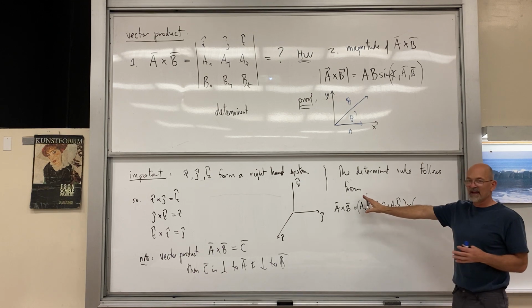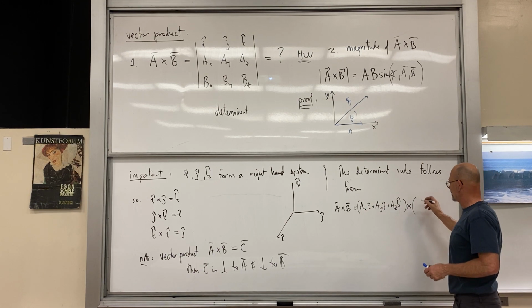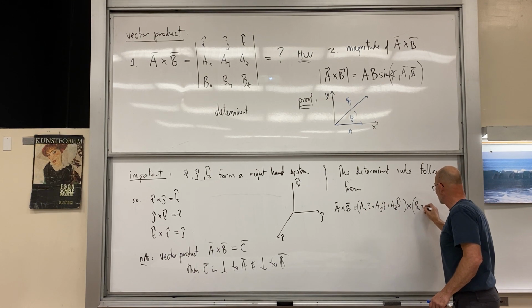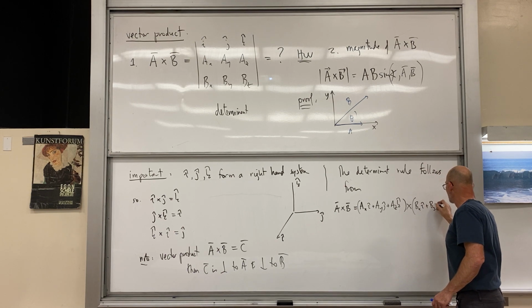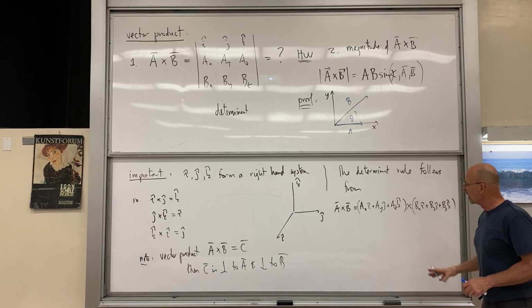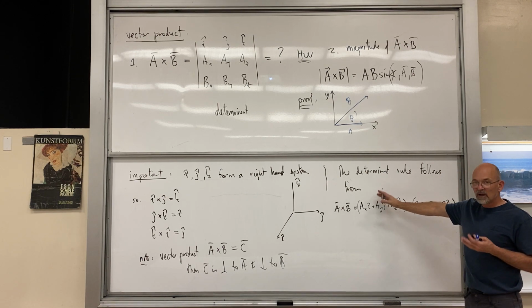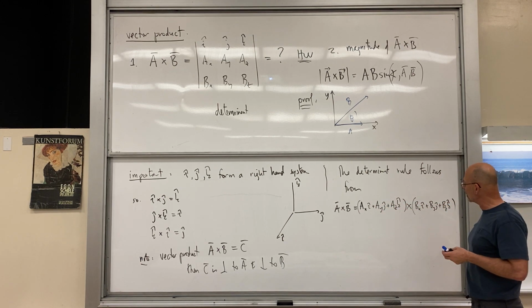So this time you're going to get all 9 of them: BX I hat plus BY J hat plus BZ K hat. So if you multiply all of these out, you'll get your determinant rule as well.